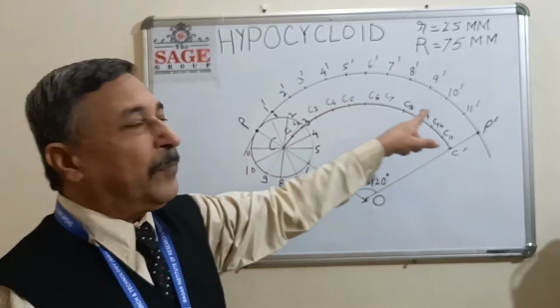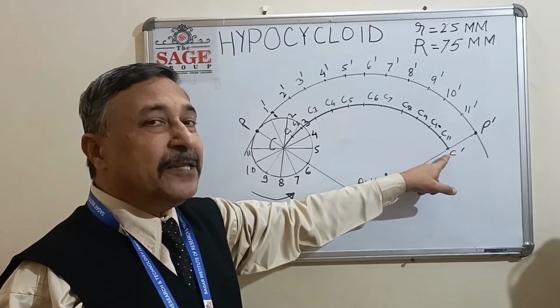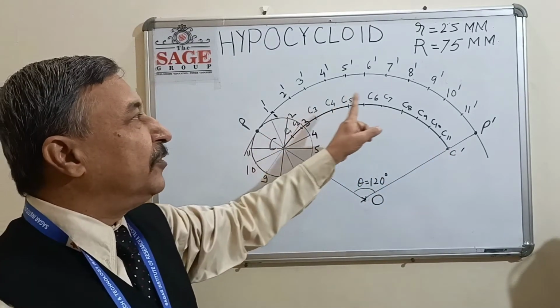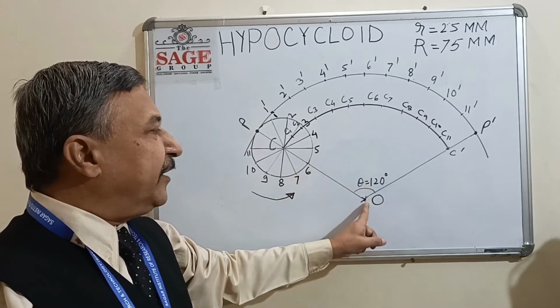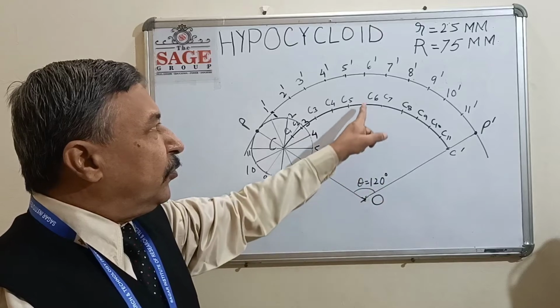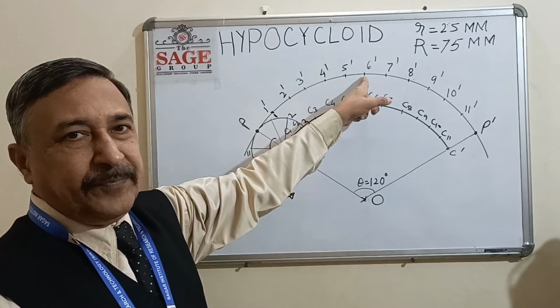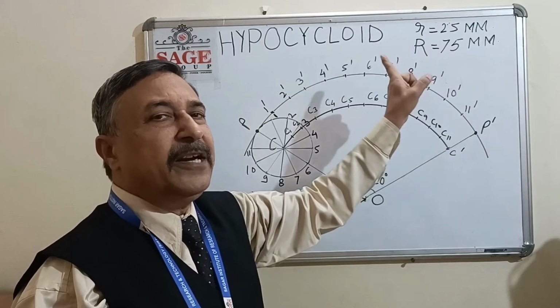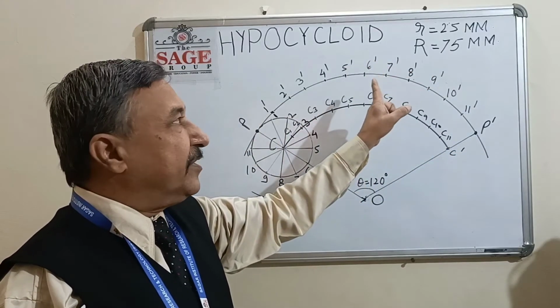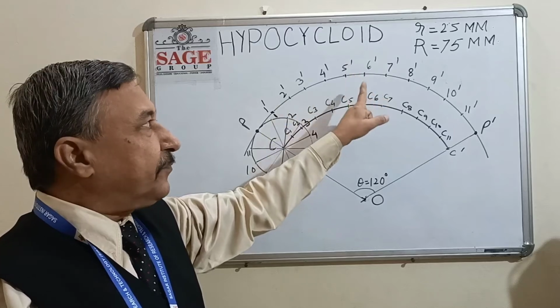draw another curved path. On this path we get C1, C2, C3, C4, C5, C6. How do we get them? If we join O to 6 dash, that is the 12th division of this curved path, as we have already drawn in epicycloid, the same way we have to draw.